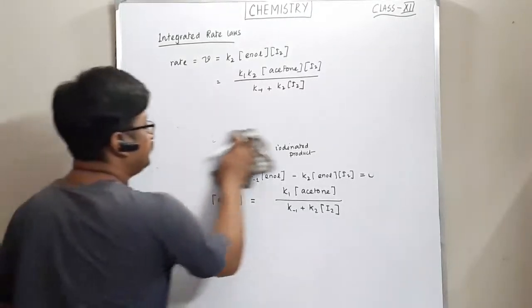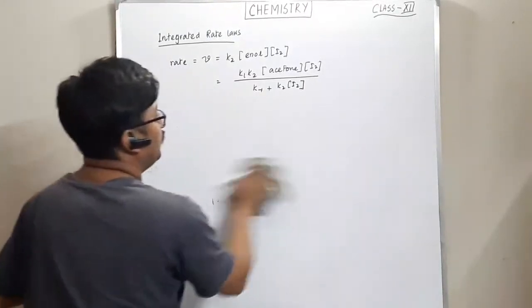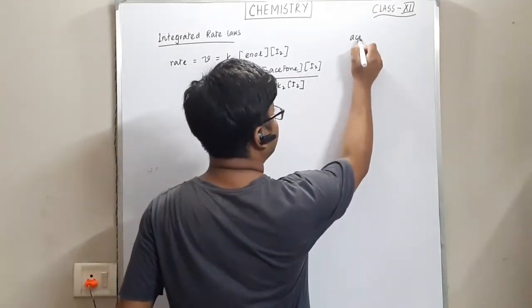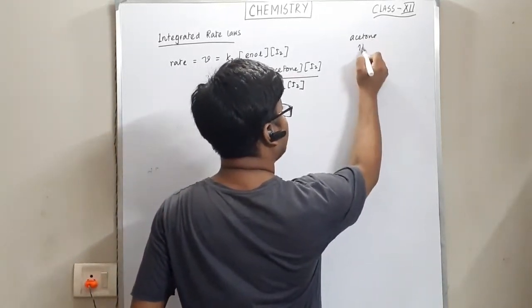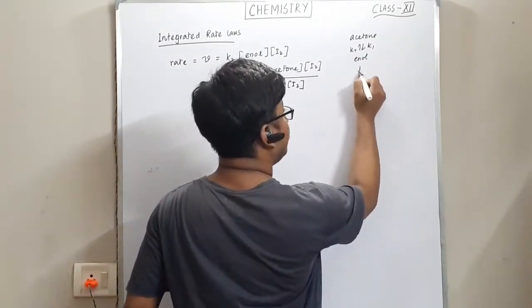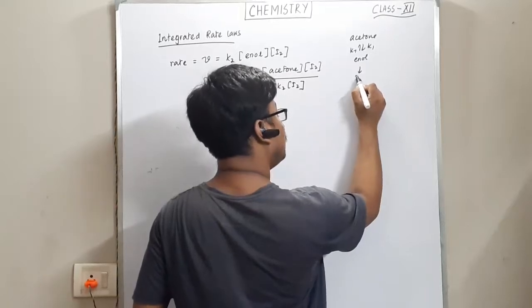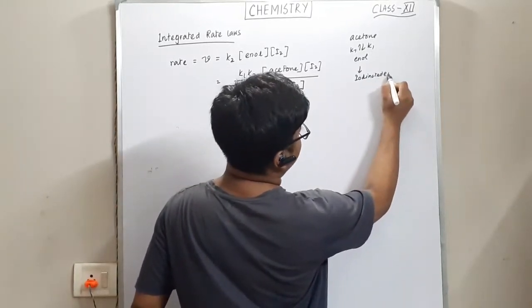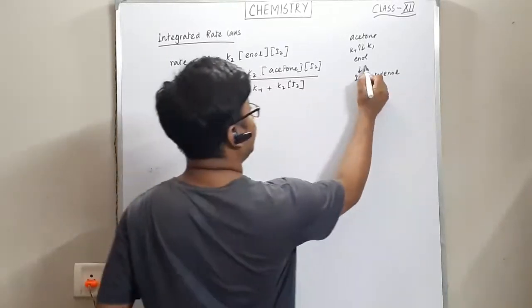Now if we look at it, acetone goes to enol with K1 and K minus 1, and then you are getting the iodinated enol with K2.